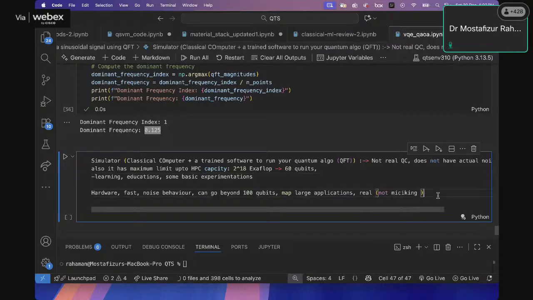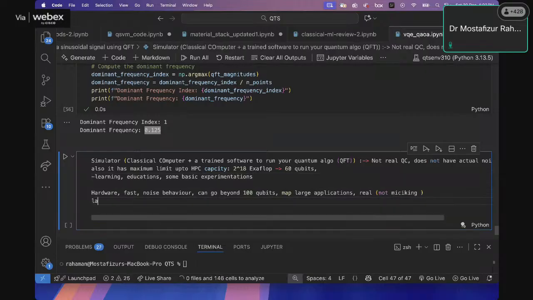Now, if your experiment size is large, what do I mean by large? Suppose you're working on a 1,000 cross 1,000 MIMO channel for wireless communication, or understanding the structure of protein.